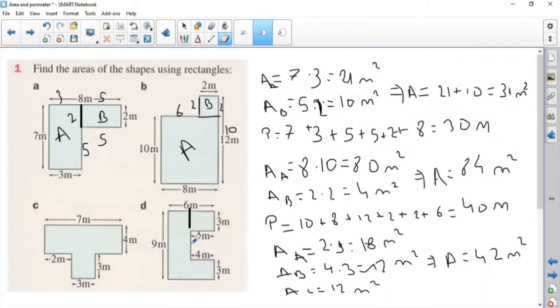To find the perimeter, we need all the lengths of the sides. Since this side is 6, this one was 6. Now I have to find this part here. This one is the missing one. I have one part 3, and the total is 9.